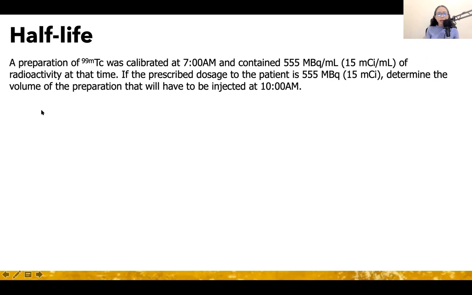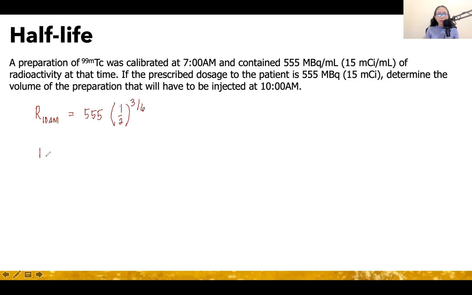So again, we have R sub D at 10 a.m. We need to measure the radioactivity at 10 a.m. So let me just write 10 a.m. as a subscript here, equal to 555, which is the initial measured at 7 a.m., times 1/2 raised to time elapsed, which is 3 hours, divided by 6.